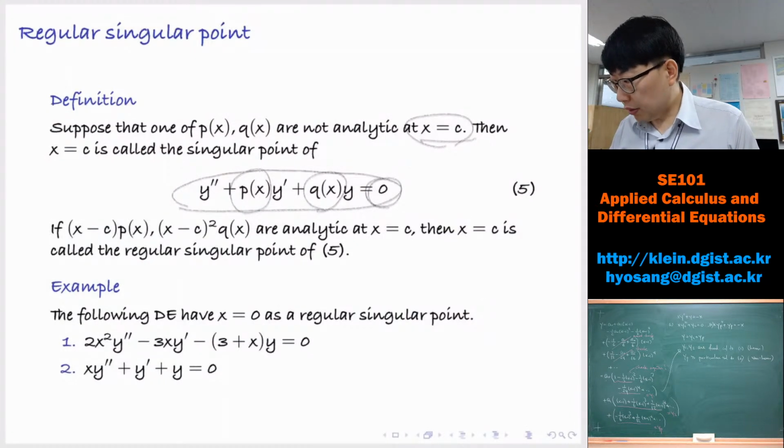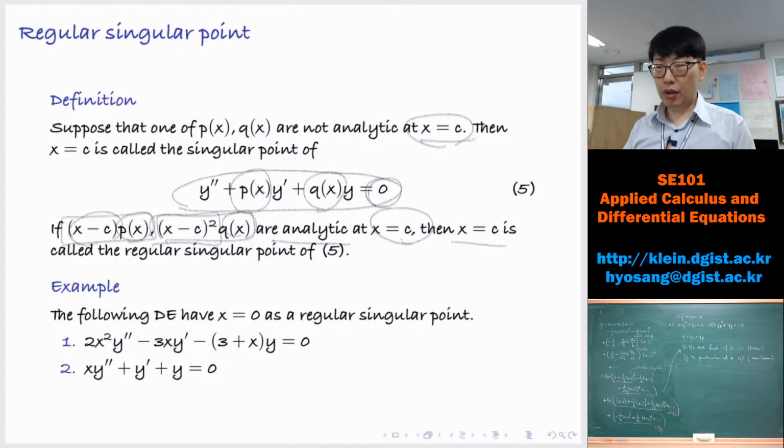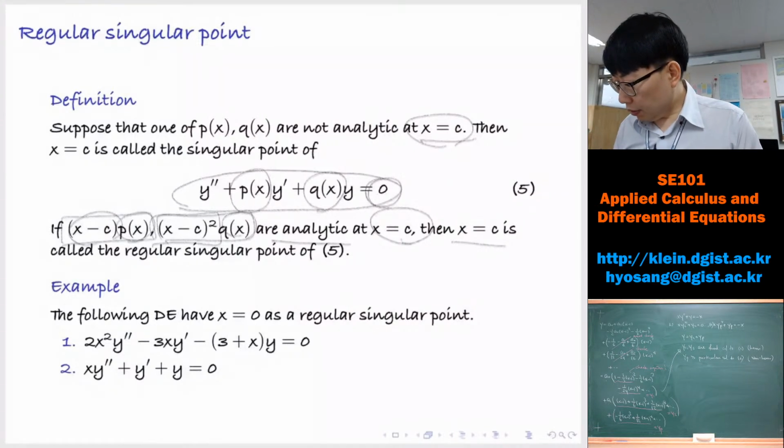Now, although C is a non-ordinary point, if these two functions, p(x) times (x minus c) and q(x) times (x minus c) squared, are analytic at c, then we call this c a regular singular point. So it's a singular point, but among the singular points, it still has a regularity.